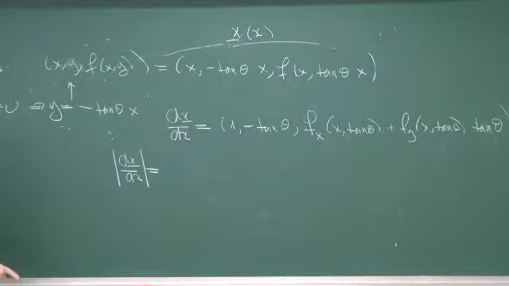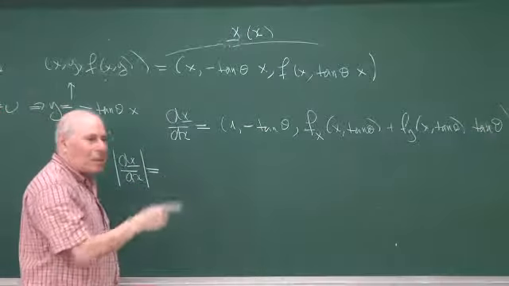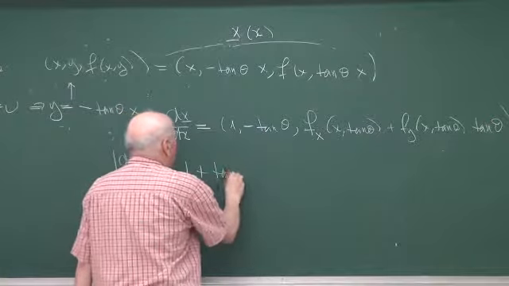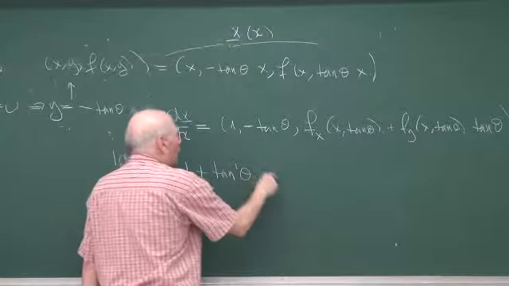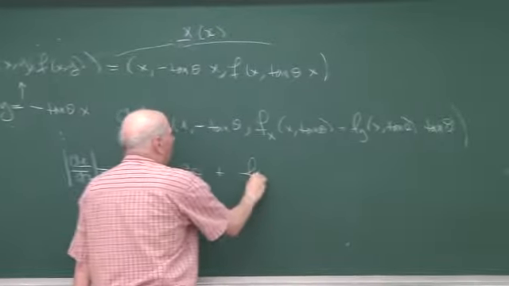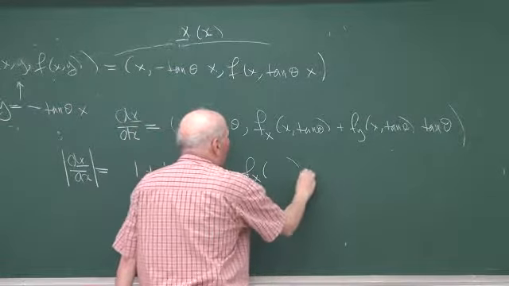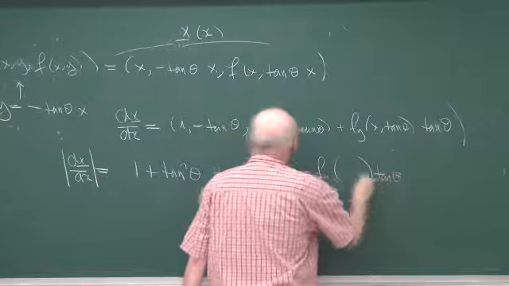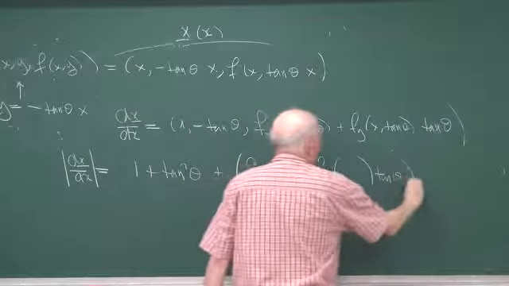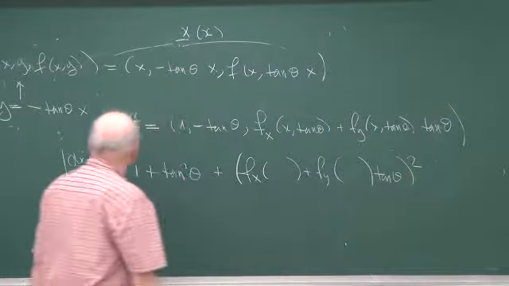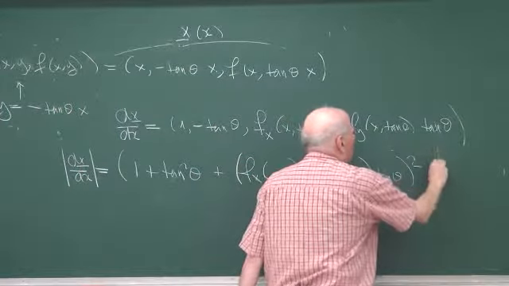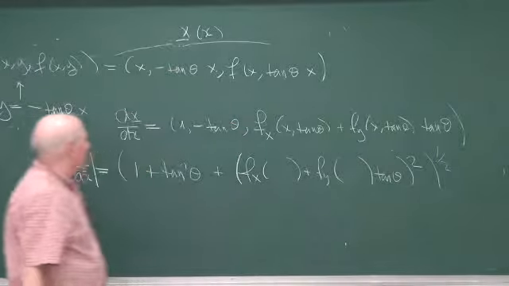The magnitude is the square root of the sum of the squares: 1 squared plus tangent theta squared plus f sub x plus f sub y times minus tangent theta, squared.